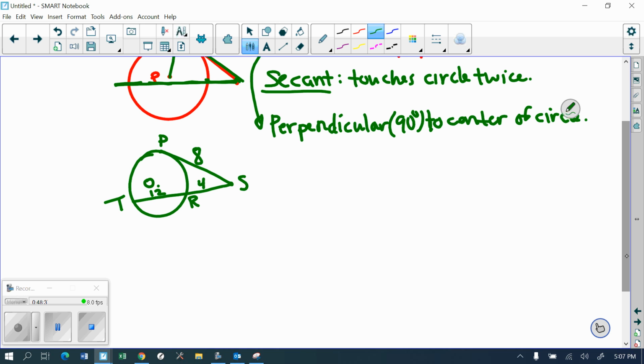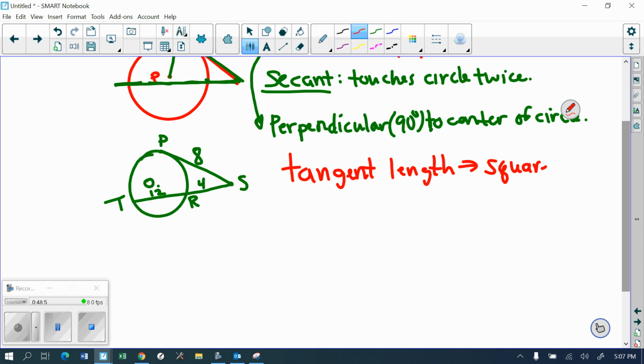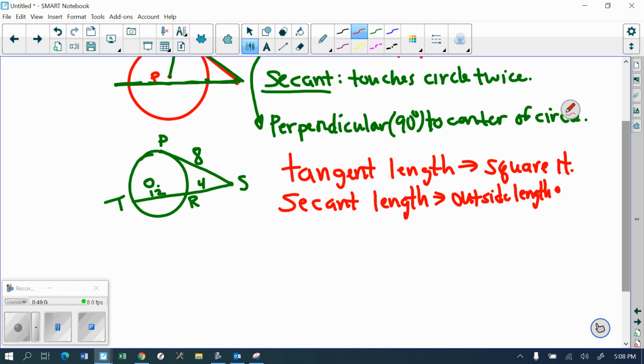Anytime I have a tangent, I square it. Tangent length, square it. Secant length, outside length times whole length.